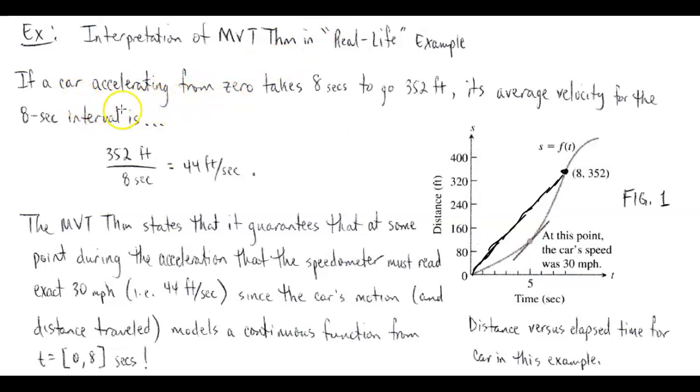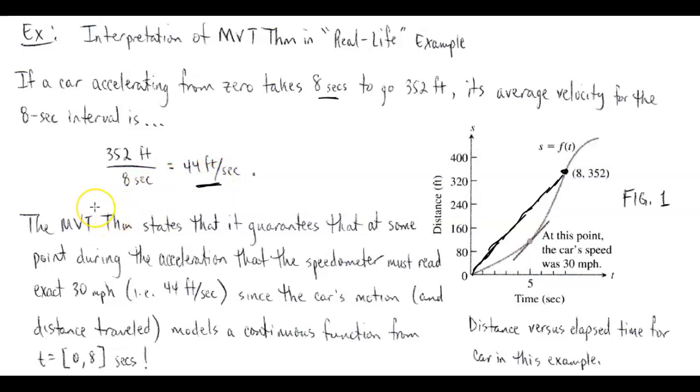And so if we had a car that was accelerating from 0, and we'll just say feet per second here, and it takes 8 seconds for it to go 352 feet, its average velocity, which is the change in distance over the change in time, would be 352 feet divided by 8 seconds, which is 44 feet per second.